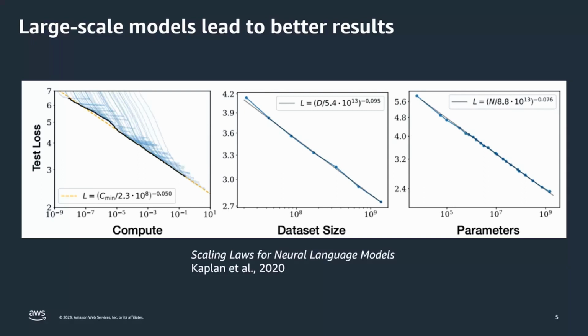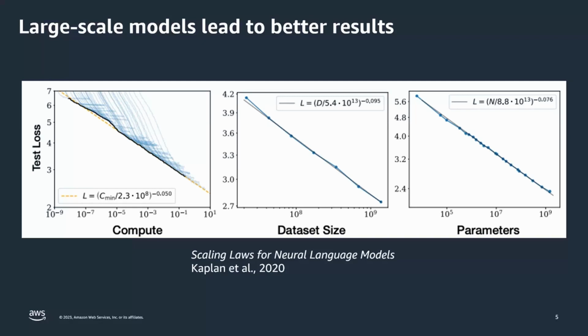Alongside the algorithm improvement, we also see that people use larger data sets, larger models, and more computing. That really leads to significant improvement in the performance of the models they trained. It turns out people can just increase the size of the data and the size of the model and continue to use more compute, and they can get better and better results, following a power law.